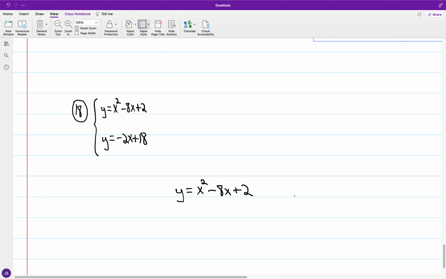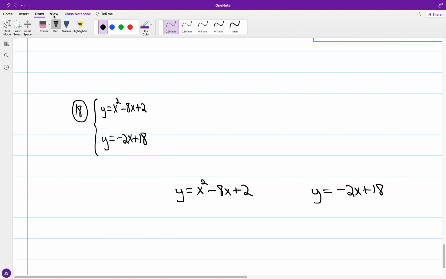So again, both equations are in terms of y. y is equal to x squared minus 8x plus 2. We have also that y is equal to negative 2x plus 18. With substitution, the variable we have isolated, in this case y, we can substitute for in the other equation.